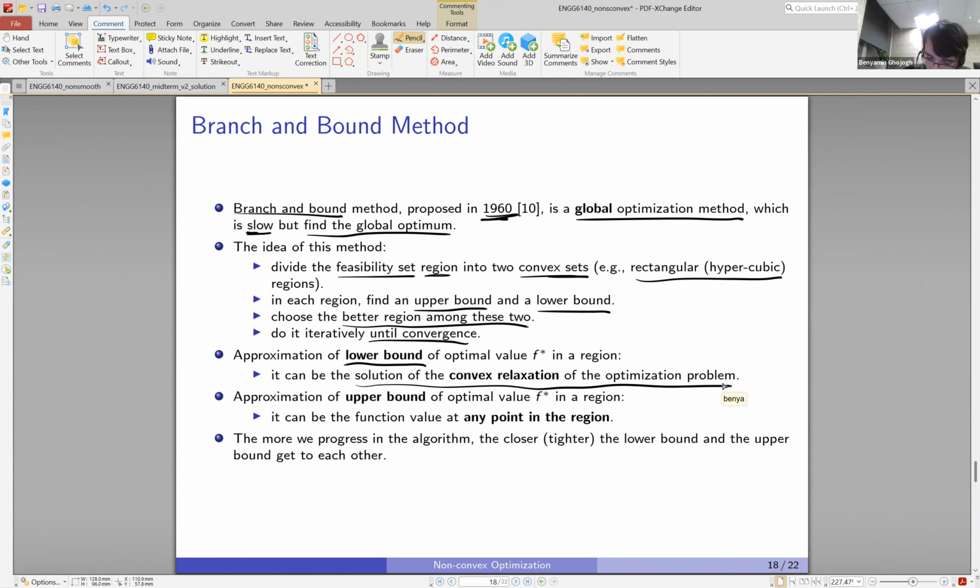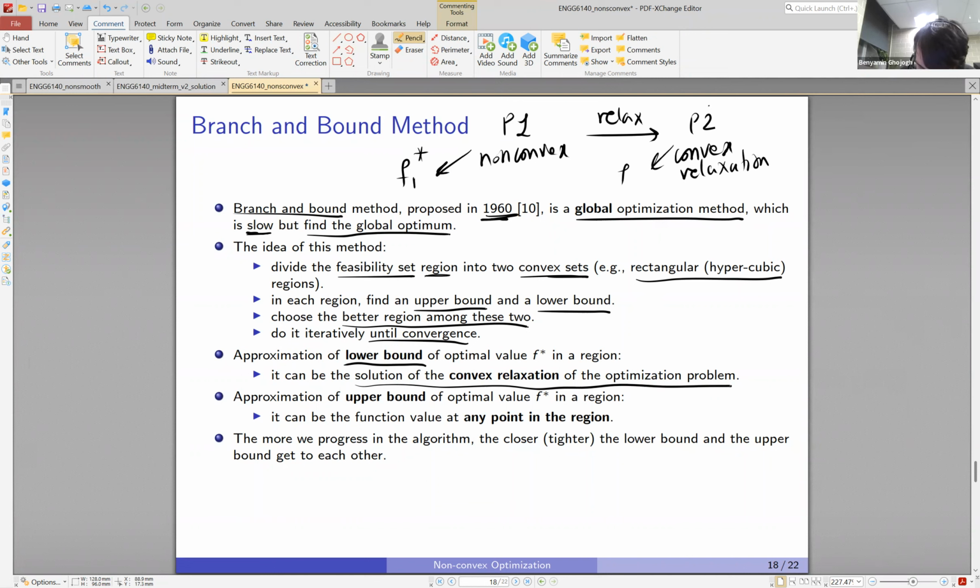star. So assume you have problem 1, it is non-convex. You relax it to be problem 2, it is a convex relaxation of P1. Assume this gives you F1 star. Assume this gives you F2 star. If it is a minimization problem, you know that F2 star is less than or equal to F1 star.